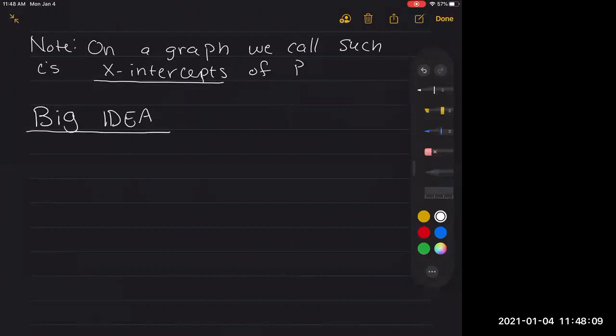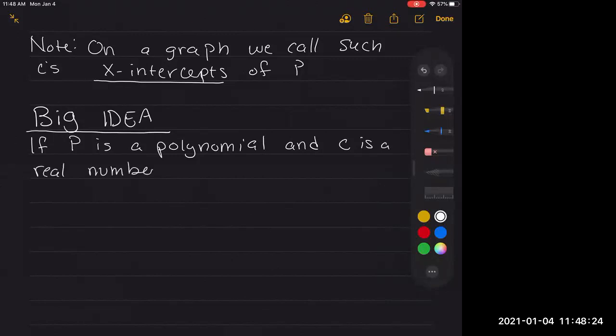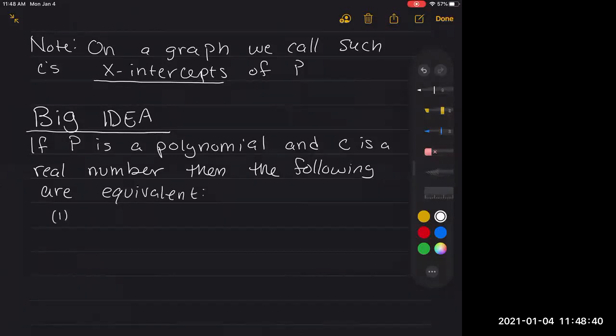All right, so if P is a polynomial and C is a real number, then the following are equivalent. So 1, C is a 0.